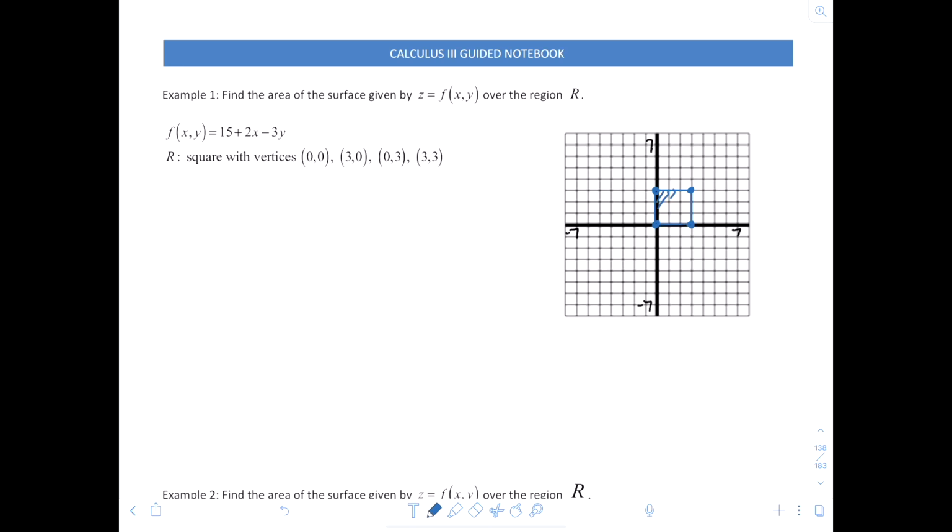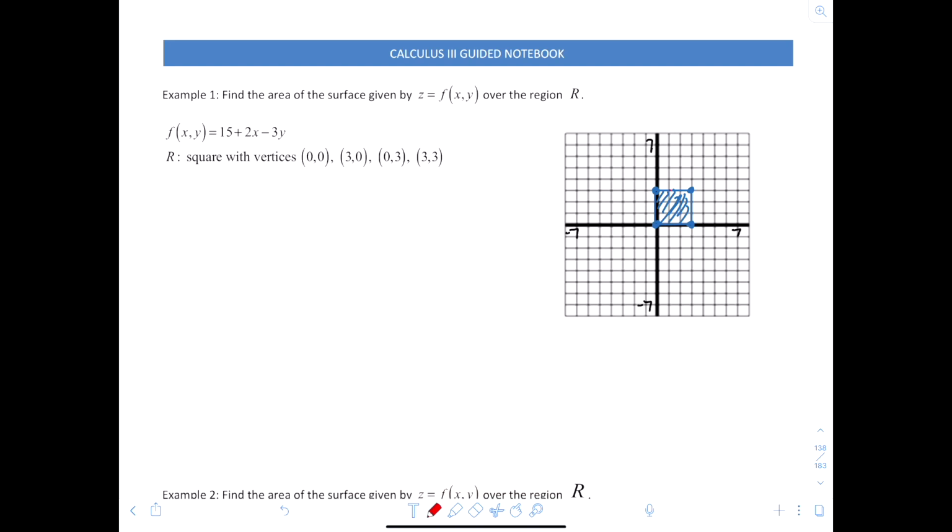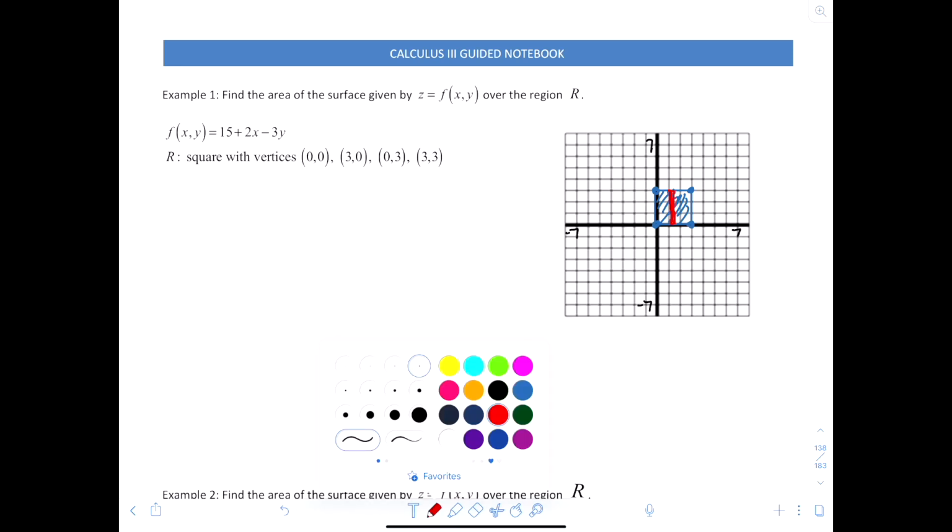So there's our region, and then we'll make it vertically simple. All right, and so it's going to look something like this.